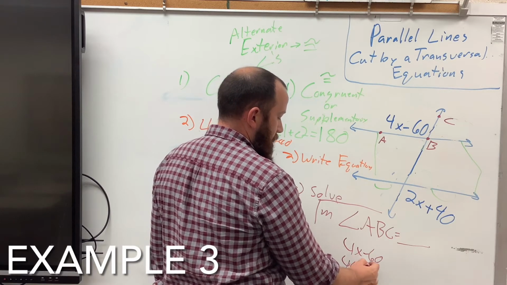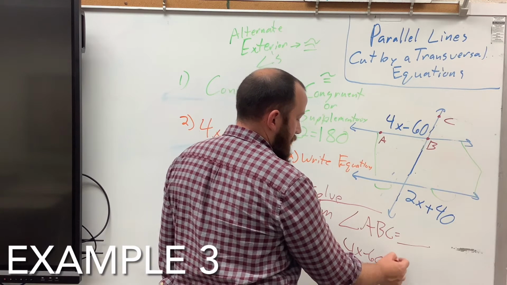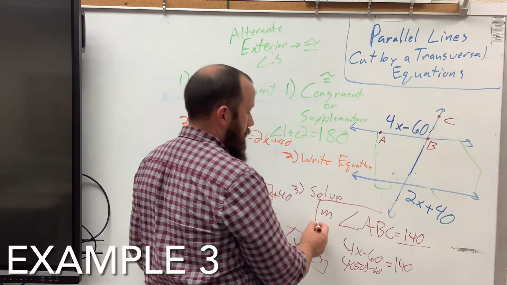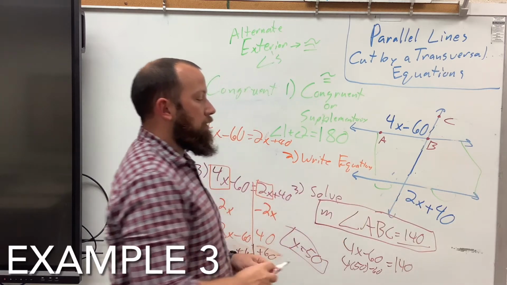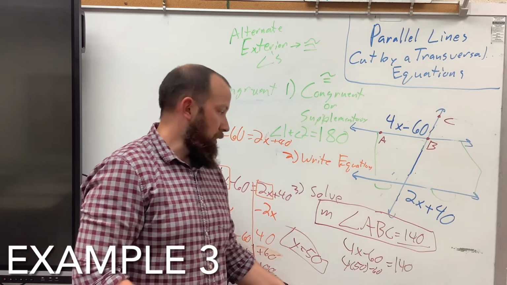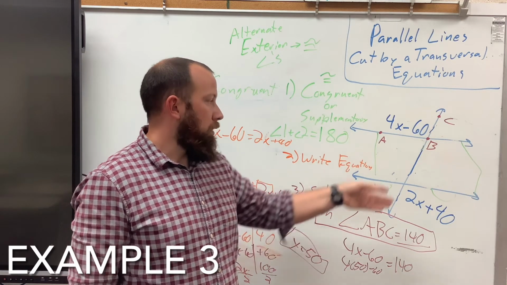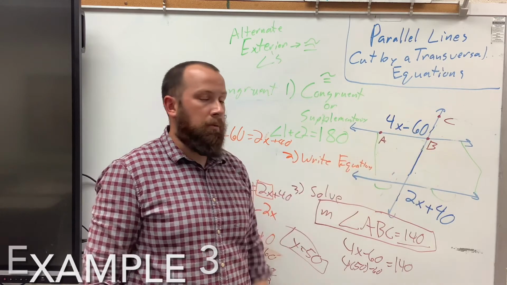Plug the 50 in. And that gives me 140. There we go. So the measure of angle ABC is 140, and the angle down there is also 140. So it's not enough on some of them that you actually find what x equals. You actually have to plug it back into the expression to figure out what it is.